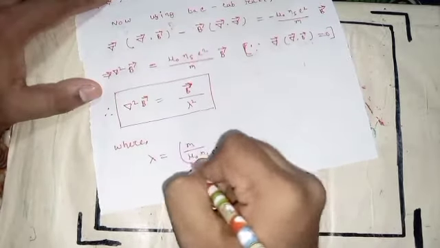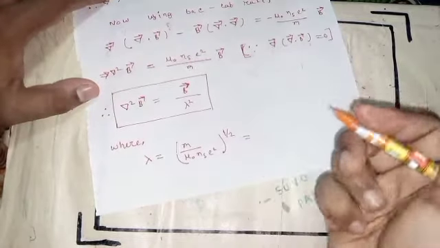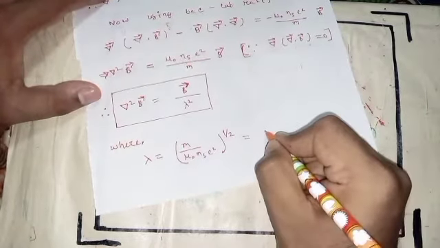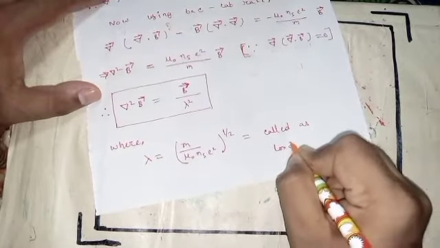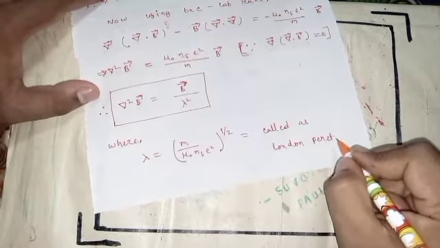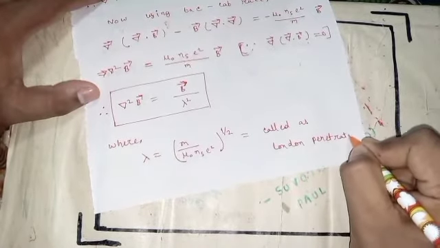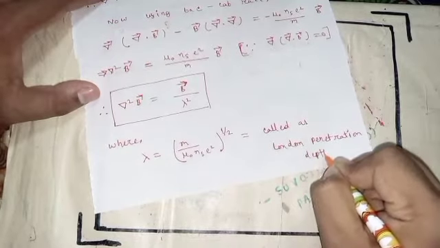And the root of this new term is called the London penetration depth. This will be equation 6.